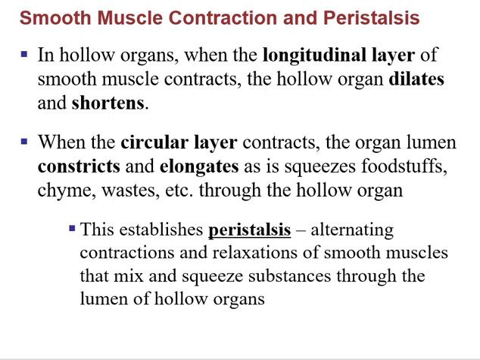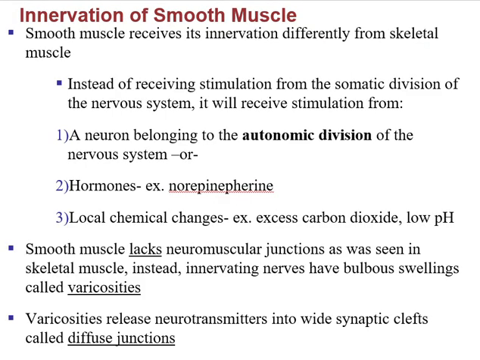With the circular layer, when it contracts, the organ's lumen constricts and elongates. It's this back and forth dilation and shortening, constricting and elongating, that squeezes foodstuffs, chyme, waste, and other things through hollow organs. This establishes a back and forth contraction and relaxation phase that we see in smooth muscles called peristalsis, which is mostly meant to squeeze substances through the lumen of hollow organs, but does a little bit of mixing.